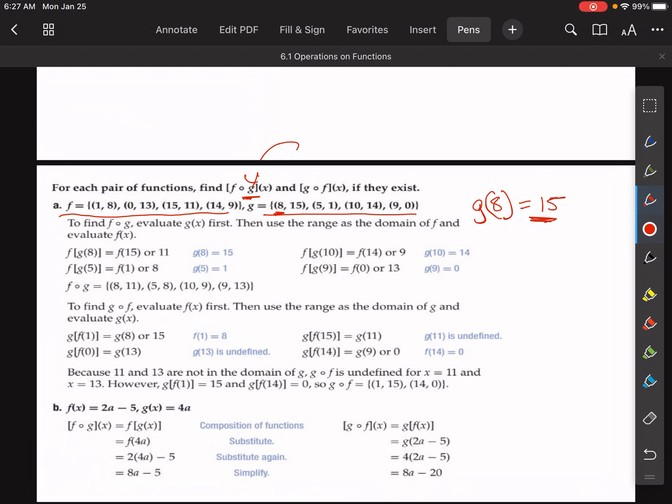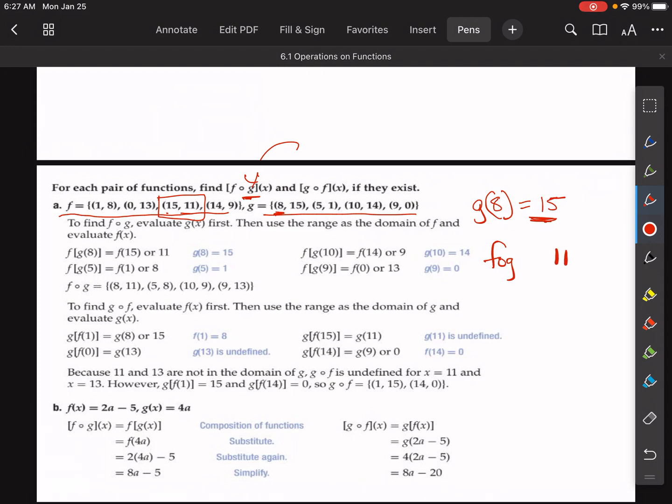The f function has an x value of 15, and the solution is 11. So the f of g solution for the first one is going to be 11.